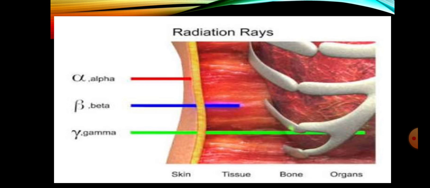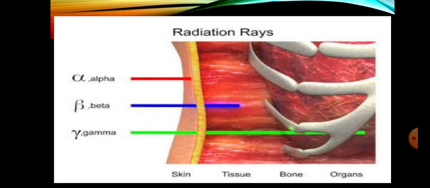Then we discuss alpha, beta and gamma in human beings, because these radioactive atoms produce radiations that are used for the treatment of different diseases.